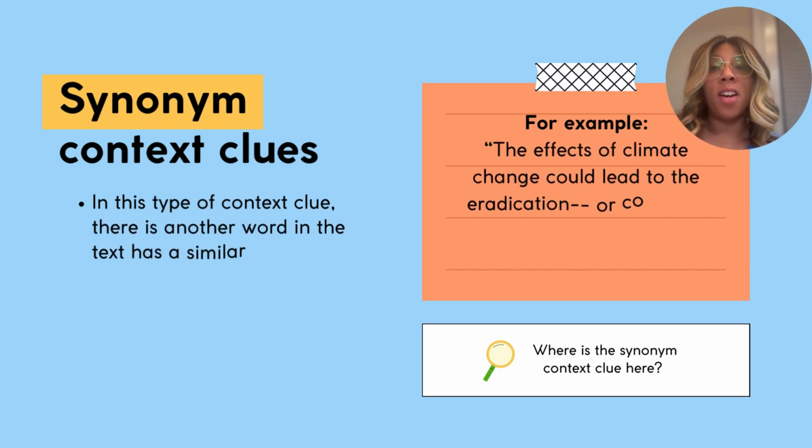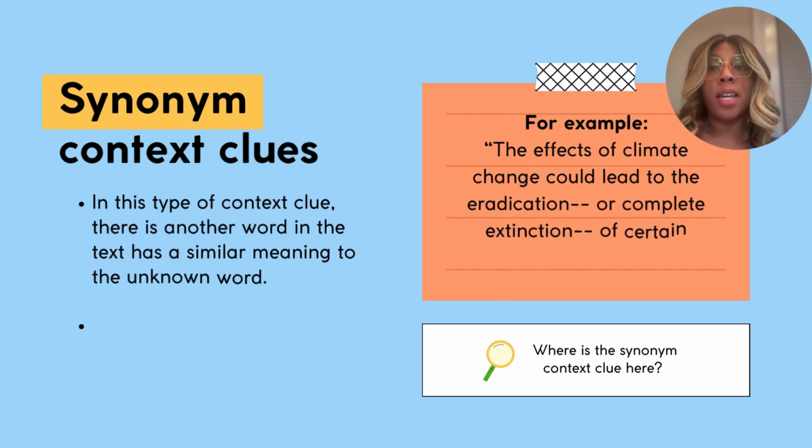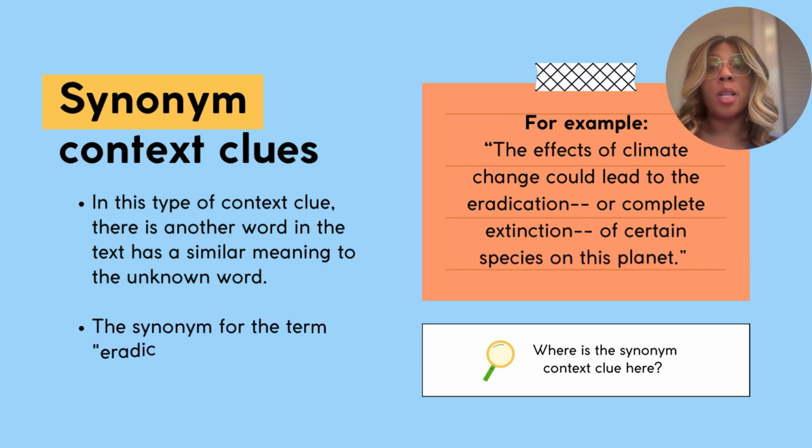All right, let's start with synonym context clues. In this type of context clue, there is another word in the text that has a similar meaning to the unknown word. Let's look at the example. The effects of climate change could lead to the eradication or complete extinction of certain species on this planet. The synonym for the term eradication is in this sentence.